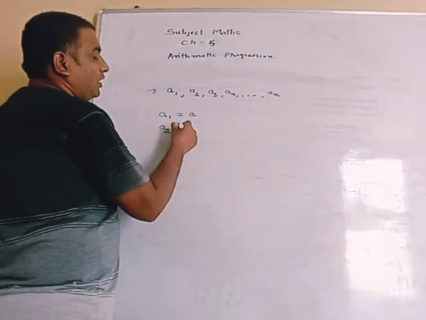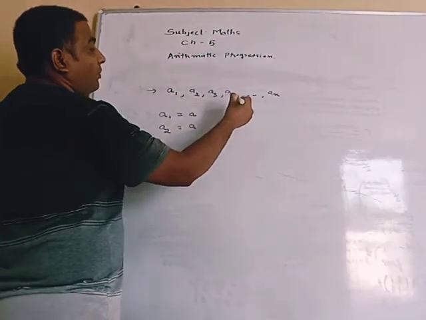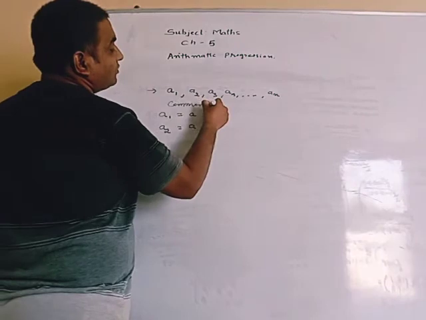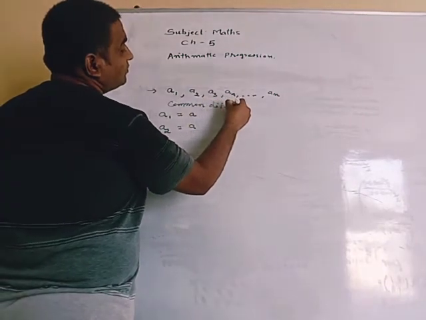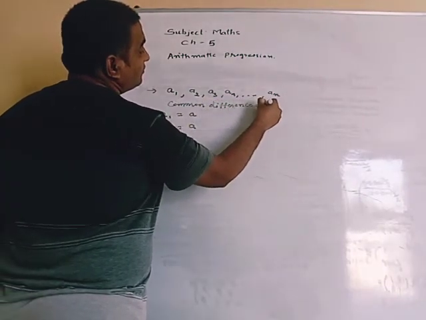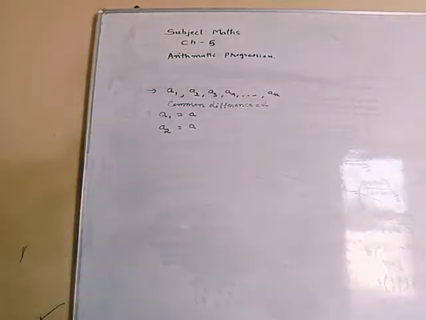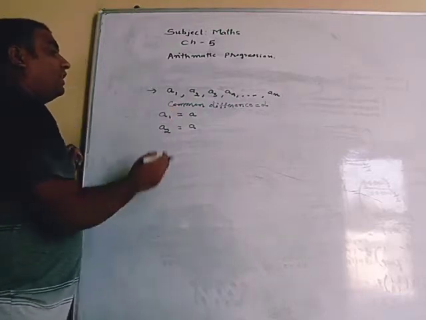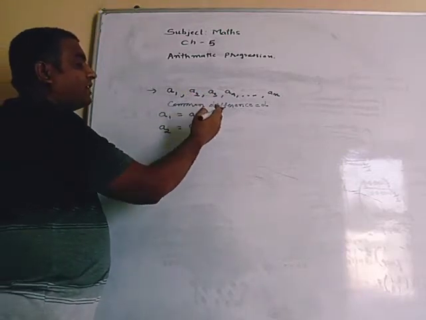The second term a2 equals a plus d, where the common difference is d. When we add the common difference, we get the next term.